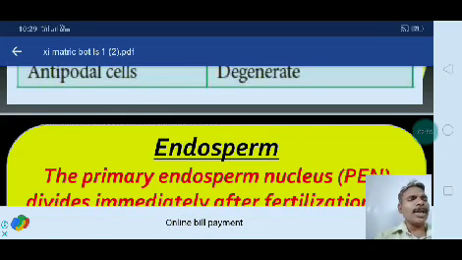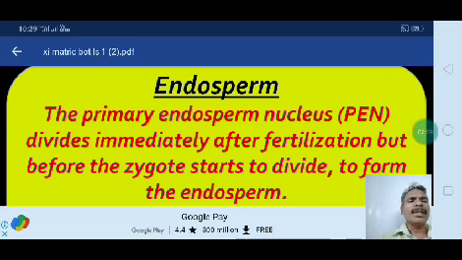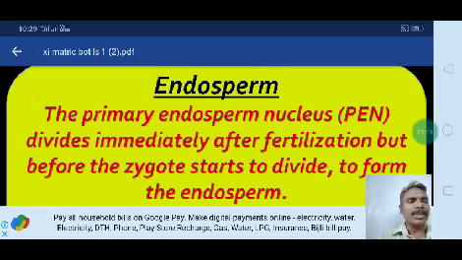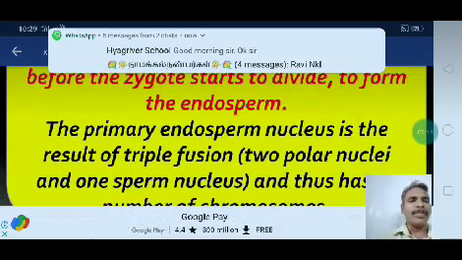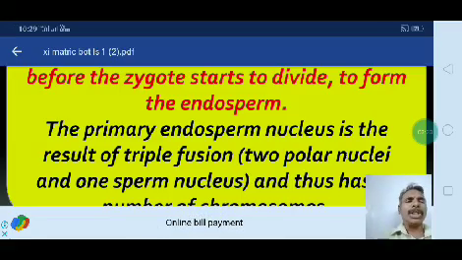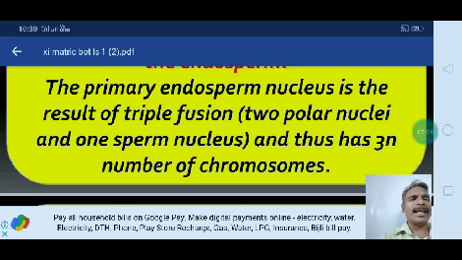The primary endosperm nucleus, that is called PEN, divides immediately after fertilization, but before the zygote starts to divide, to form the endosperm. The primary endosperm nucleus is the result of triple fusion: two polar nuclei and one sperm nucleus fuse together, and thus it has 3n number of chromosomes.